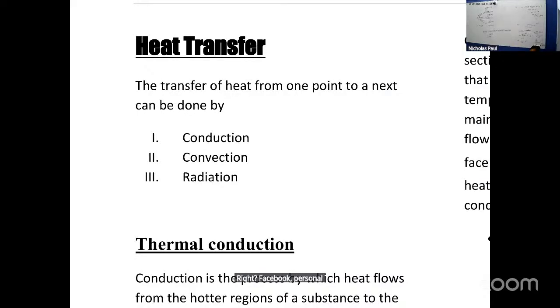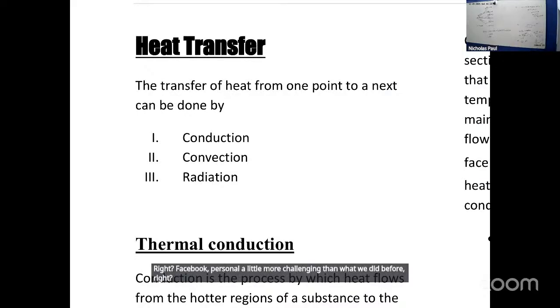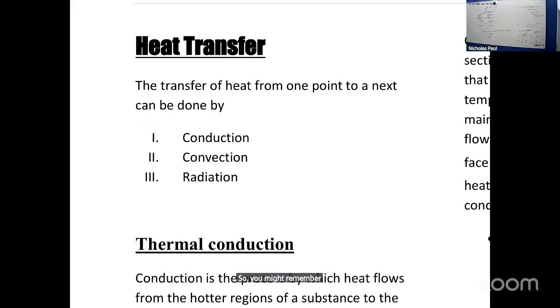Conduction is a little more challenging than what we did before, right? So you might remember that conduction is the transfer of heat through a solid. Remember, conduction is heat transferred through a what? Solid, right?